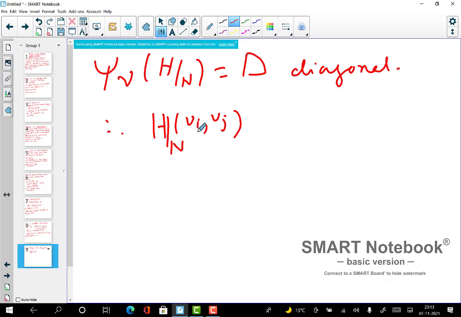These entries form a matrix that is diagonal and also symmetric. So the only option is that this has to be 0 for all i not equal to j. When i equals j, I don't know the value, but at least when i is not equal to j, it has to be 0 because this gives a diagonal matrix, right? Is this one clear?